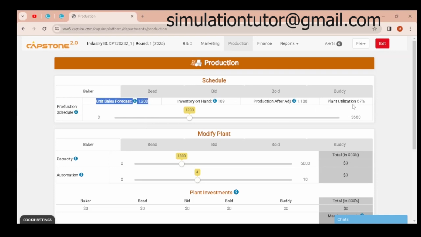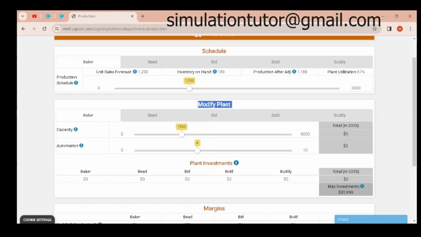Then you have something called the plant utilization, which shows us maybe the percentage at which we are utilizing the plants available. Next part, we have the modified plant.